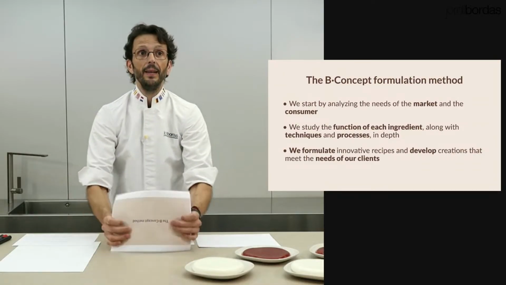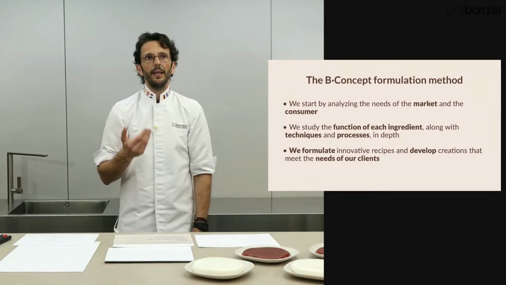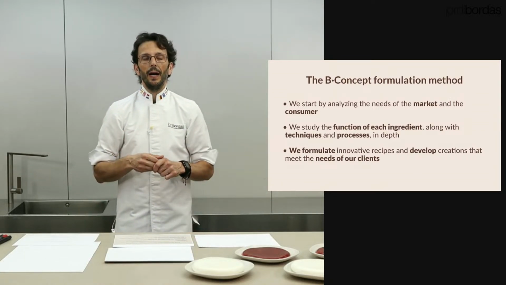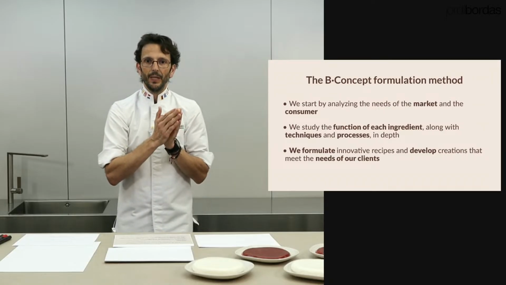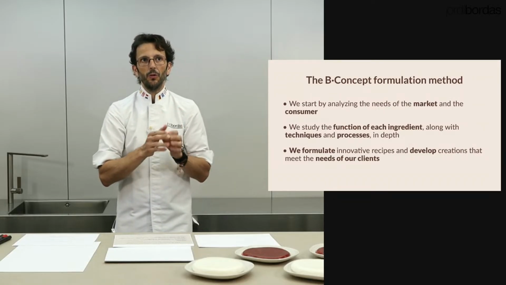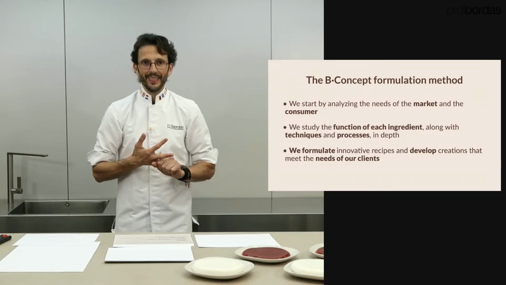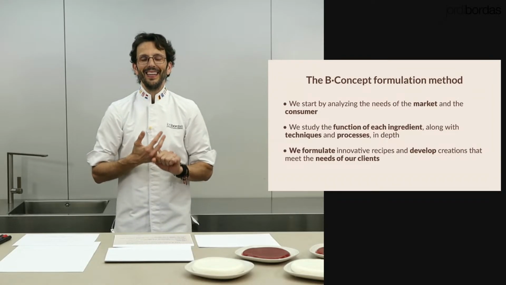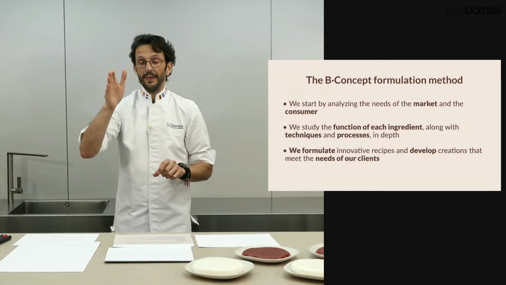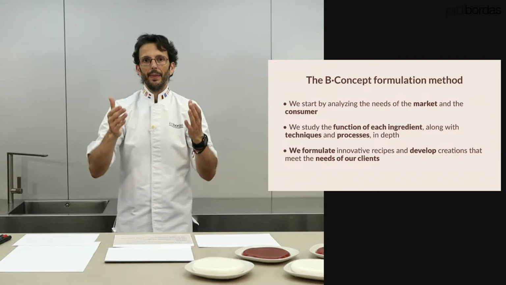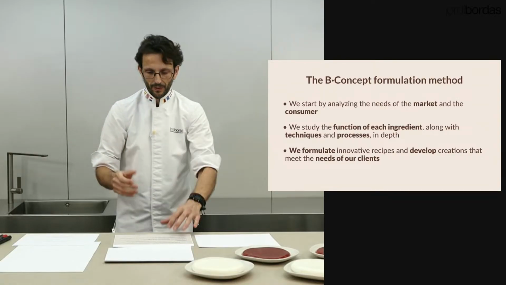And then finally, what we do is formulate an innovative recipe aligned to the market needs, because this is the most important thing, no? So analyzing the market first, then understanding the function of the ingredients, techniques and process, and finally formulating in the right direction in order to align everything and have a good business that works amazing, okay?